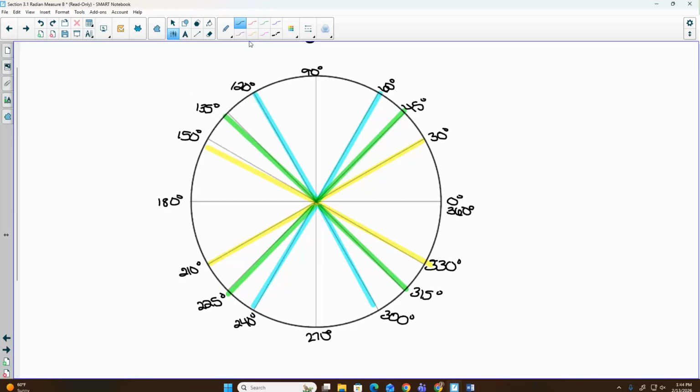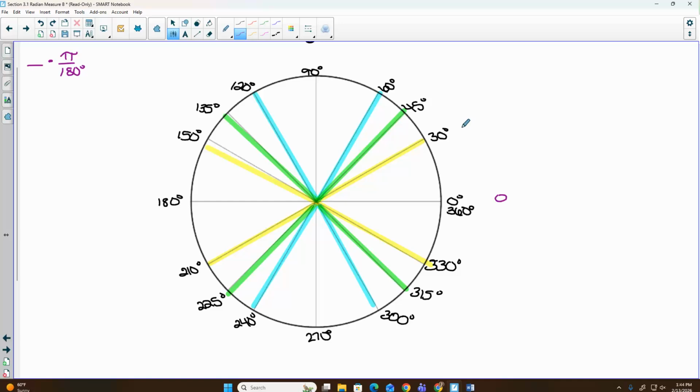Now, I want to add the radian measures to these. We've already said to get the radian measure, you have to take your degree and multiply by pi over 180. So 0 times pi over 180 is still 0.